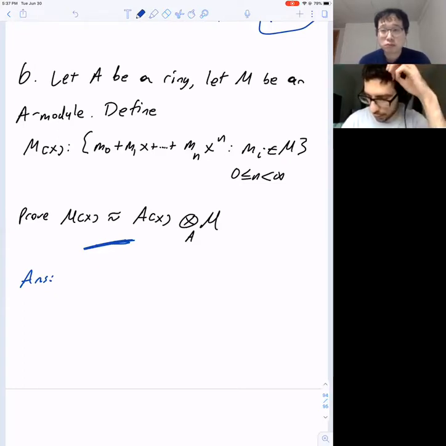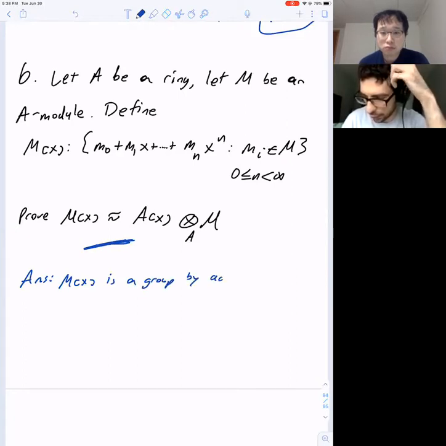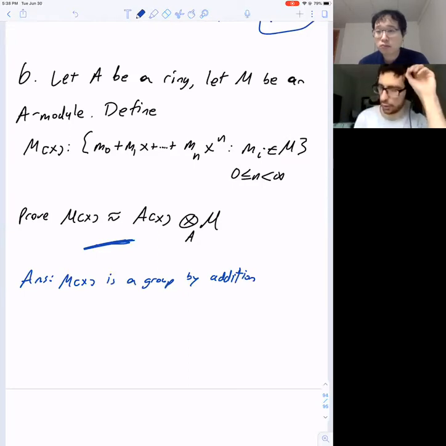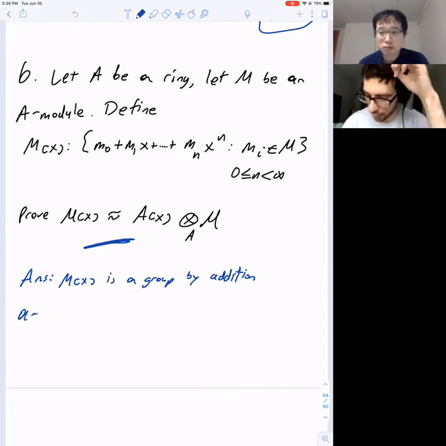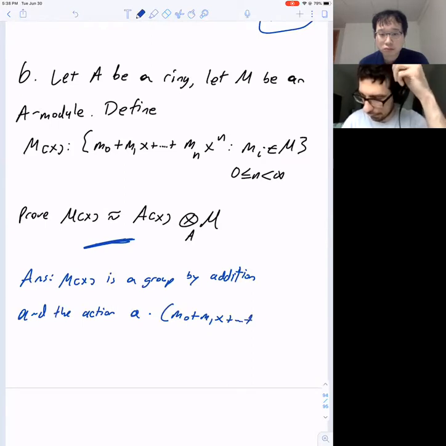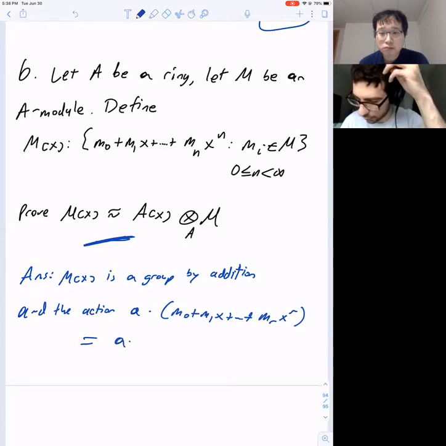I'll say that M bracket X is a group by addition. You can check that it's in fact a binary operation. There are inverses. Everything's associative, and the group action by A should be the obvious one.